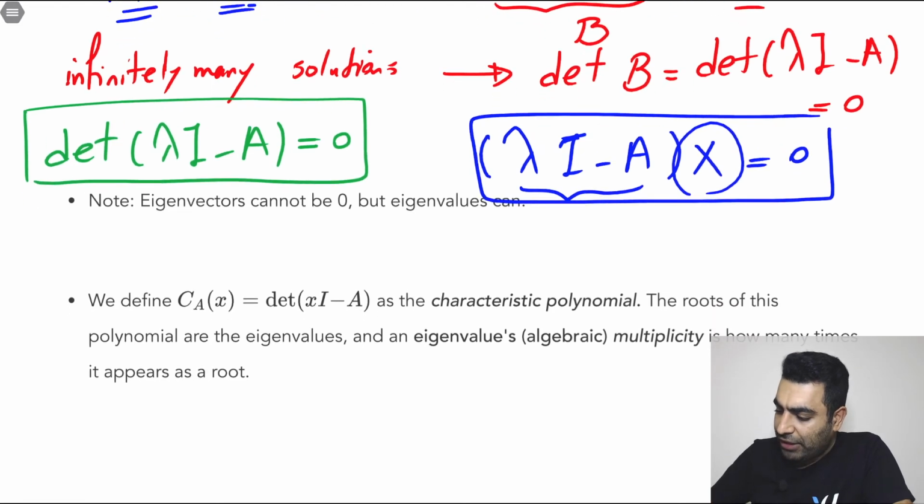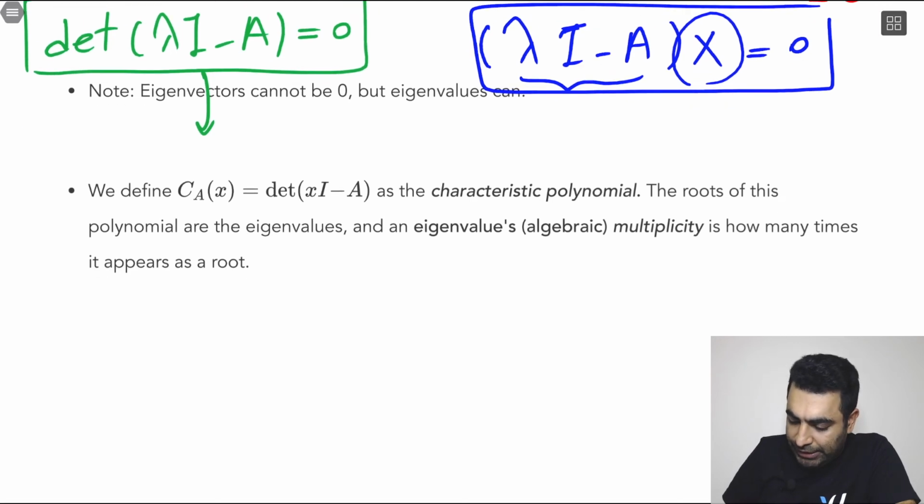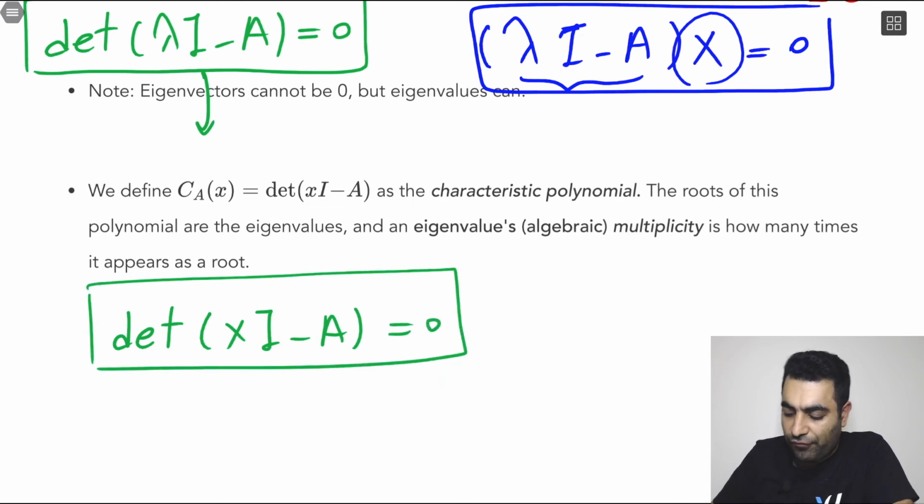So we have another name for the equation in the left box, which gives us the lambdas. If I call lambdas x, I can rewrite that equation as the determinant of x times I minus A equal to 0. And if you know the matrix A and try to find this determinant, that gives you an equation in terms of x. You have to solve for those x values which satisfy this condition, which are the eigenvalues.